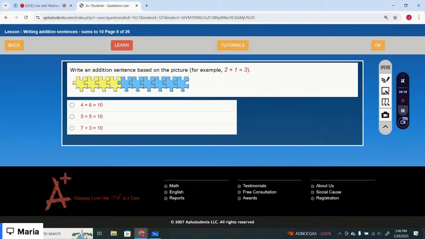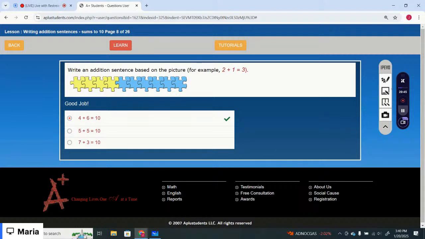Write an addition sentence based on the picture. That is 4 plus 6 equals 10. Option number 1 is the correct option. Okay, you can complete the lesson by yourself later today.